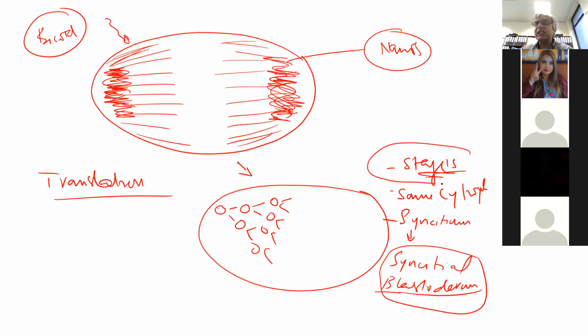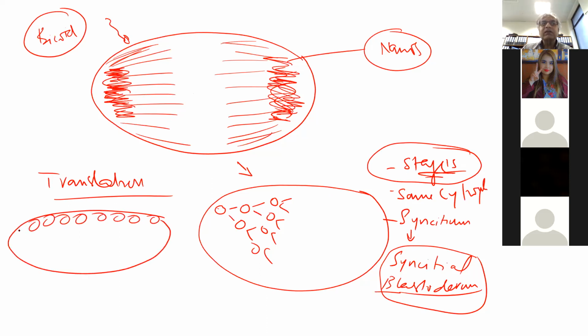Yes, after stage 13, which is nearly after 3 hours, these cells, all of them, move to the periphery. I forgot to tell you this earlier. And they become individualized. Now the cytoplasm divides, each individual nucleus has its individual cell membrane, and this is the stage called cellular blastoderm.